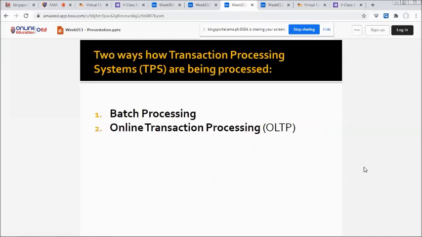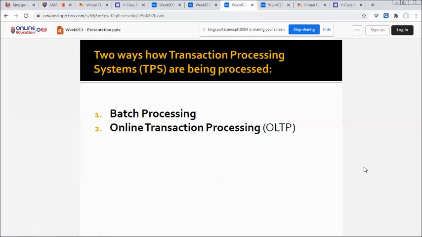Batch processing is when the firm collects data from transactions as they occur, placing them in groups or batches, then prepares and processes the batch periodically, say every night. Online transaction processing is when business transactions are processed online as soon as they occur.